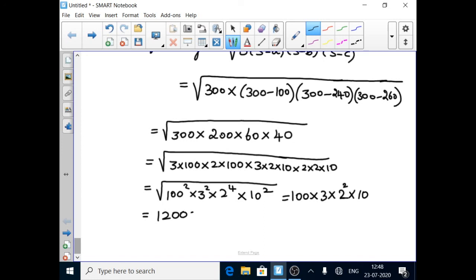So you will get 12,000 meters square. Okay. This is the answer. This is the area of the plot. Thank you, children.